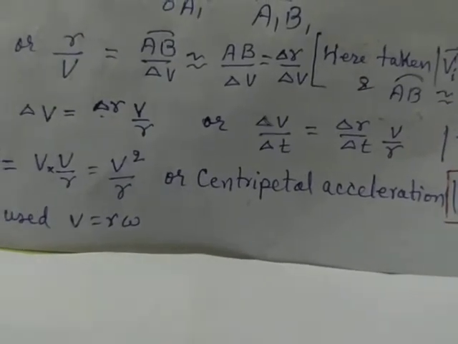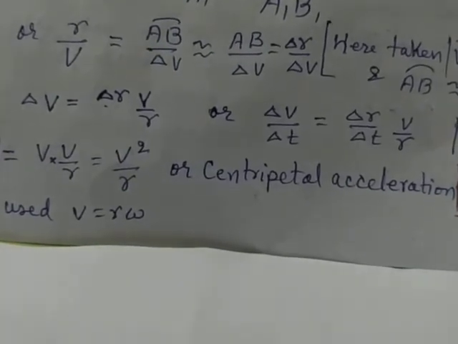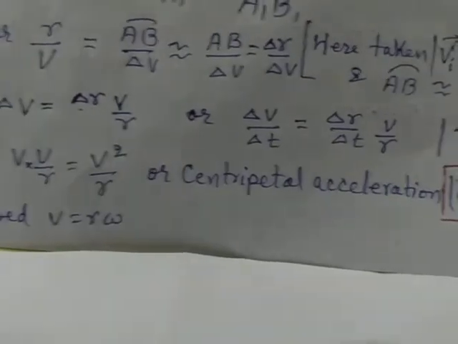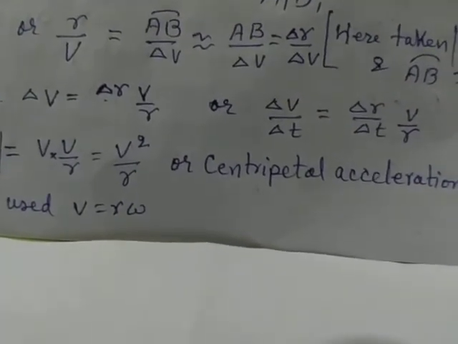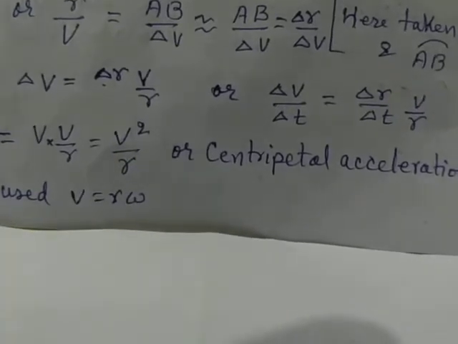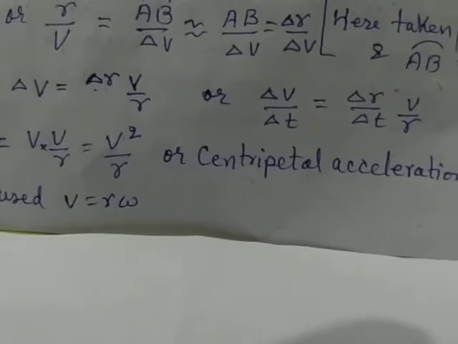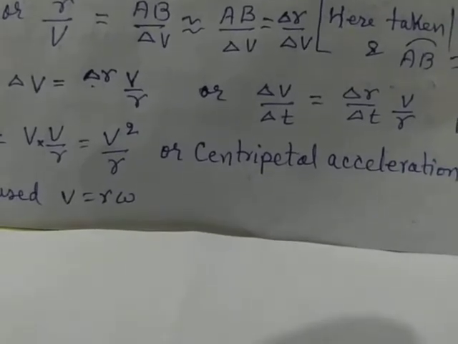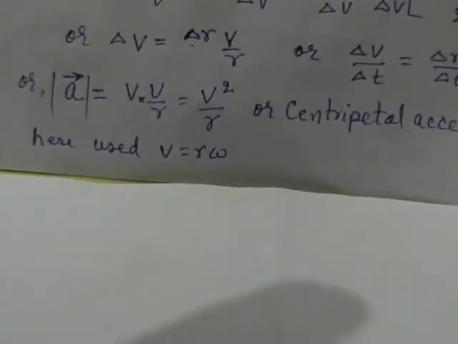On dividing both sides by the time lapse delta t, we get delta V by delta t equal to delta r by delta t into V by r. So delta V by delta t becomes acceleration, because you know the rate of change in velocity is acceleration, and delta r by delta t becomes velocity because the rate of displacement is velocity. So we get the magnitude of acceleration equal to V into V by r, equal to V square by r.